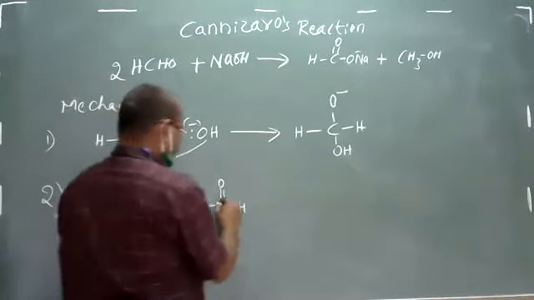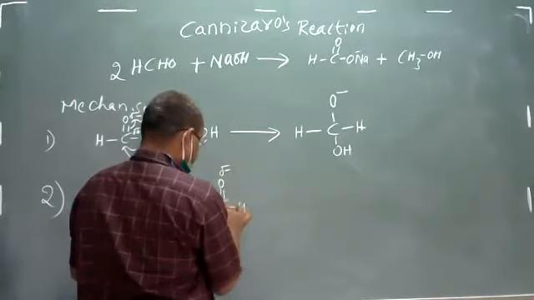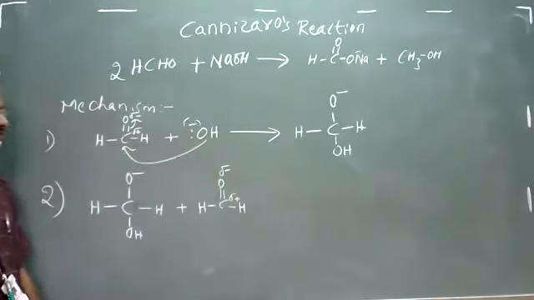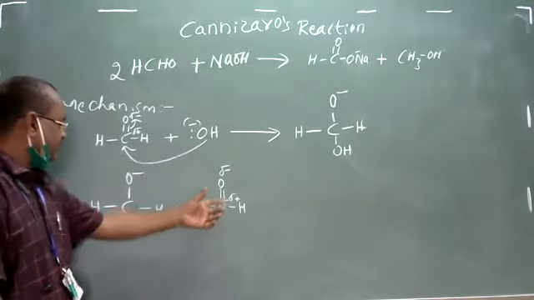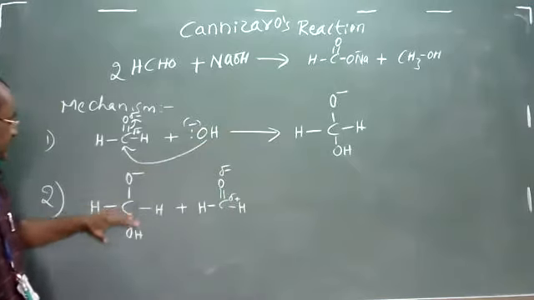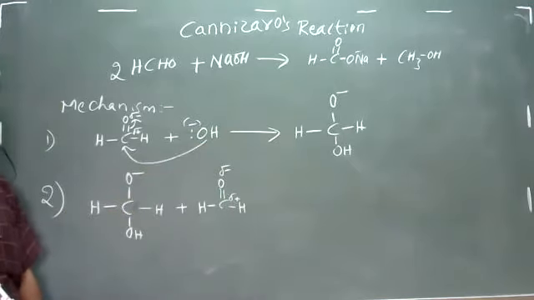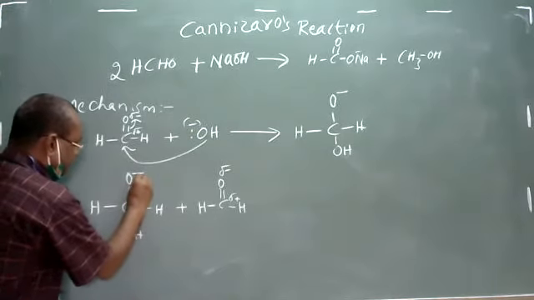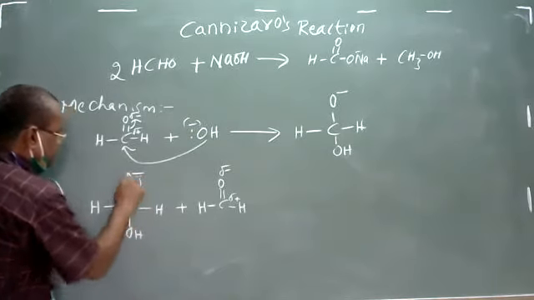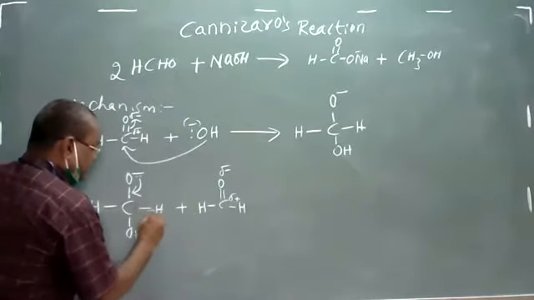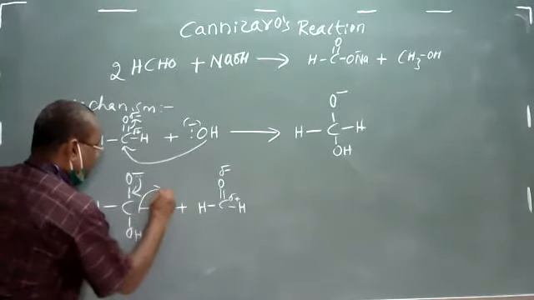Once again, same thing, delta minus, delta plus, because of the attraction of the electrons towards the electronegative oxygen atom. In this second step, this particular oxide ion wants to stabilize. So the negative pair of electrons will try to form a double bond once again to the same carbon, and thus it eliminates hydrogen as hydride ion.